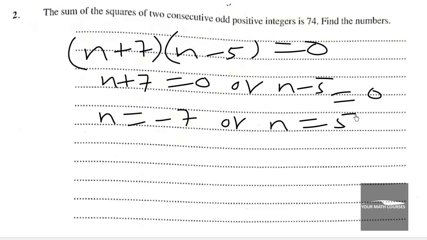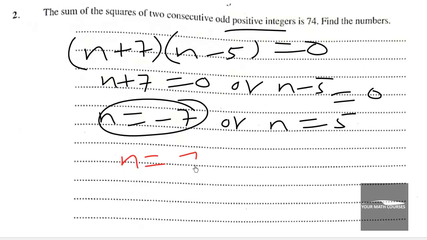Since we are talking about positive integers, we discard n equal to negative 7. Therefore, we have n equal to 5. And the next one will be n plus 2, which is 5 plus 2, and that will be equal to 7. Therefore, the numbers are 5 and 7.